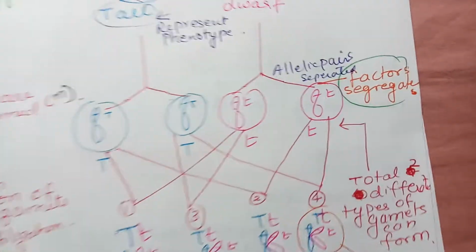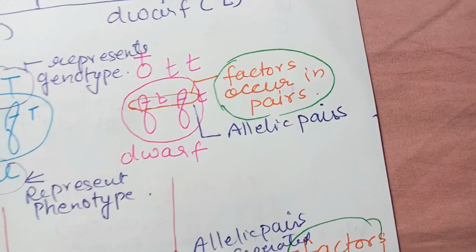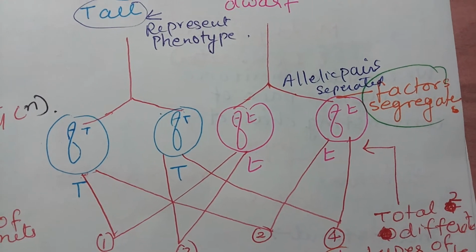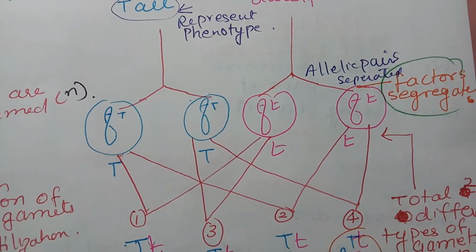During the gamete formation, all the allelic pairs get separated, or they segregate. So the allelic pairs separate and then gametes are formed.